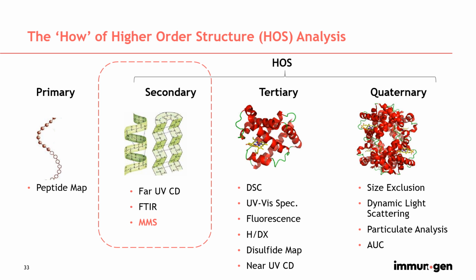This slide shows the commonly used techniques used to study the different levels of protein higher order structure. For the purpose of this talk, we are going to focus on the secondary structure, which is commonly studied using FAR-UV CD or FTIR, both of which have some recognized limitations.